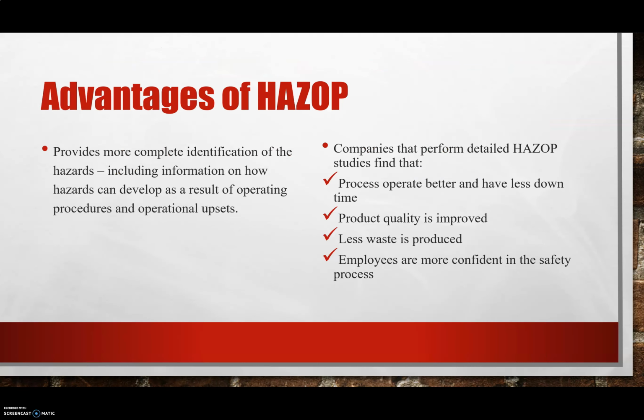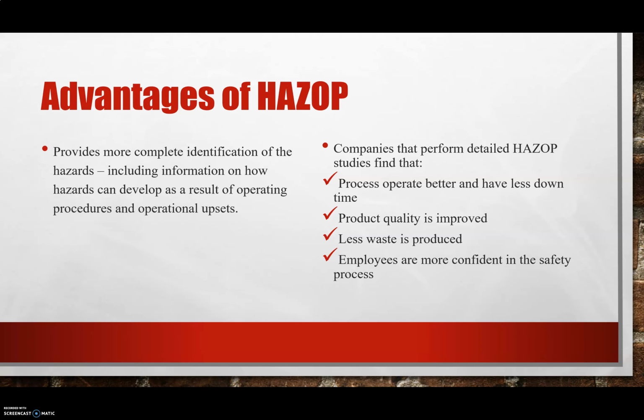So there are a few advantages of HAZOP. It can provide the detail of HAZOP studies that can help companies to operate their process better and achieve higher product quality.